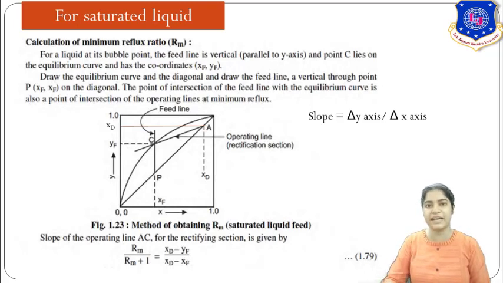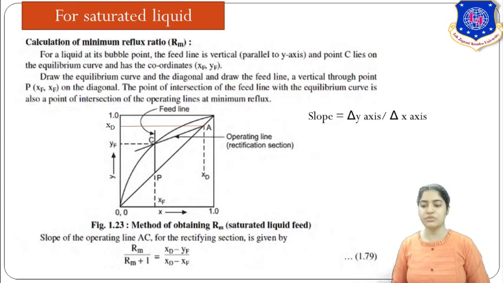From 0.5, that is P, I will draw a vertical line. Point C is the intersection of the operating line of the rectifying section and the feed line. So at the point of intersection of the feed line with the equilibrium curve, that is your operating line at minimum reflux. That point C shows you the minimum reflux condition.